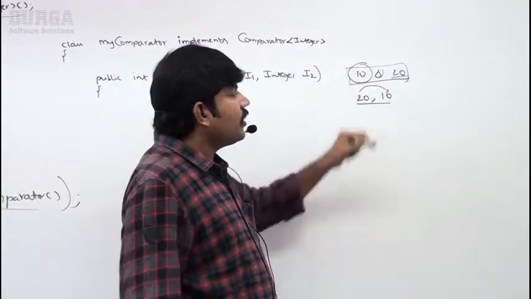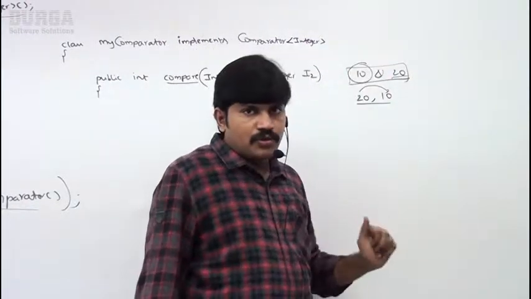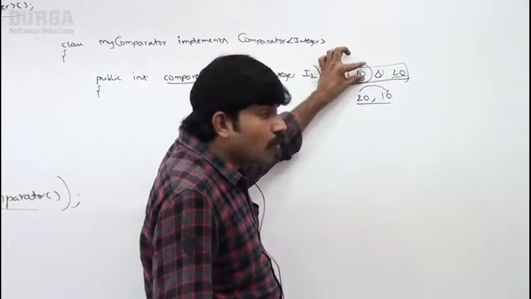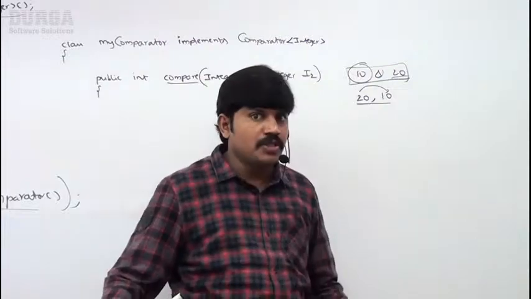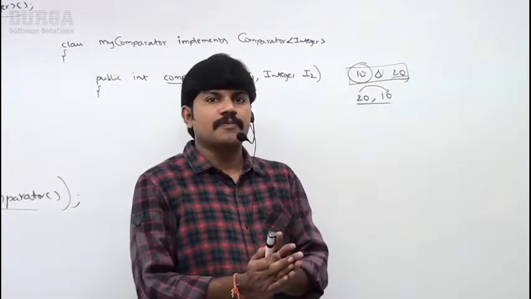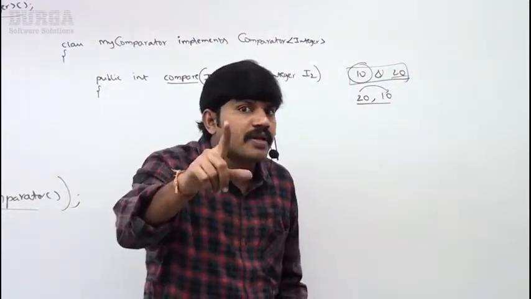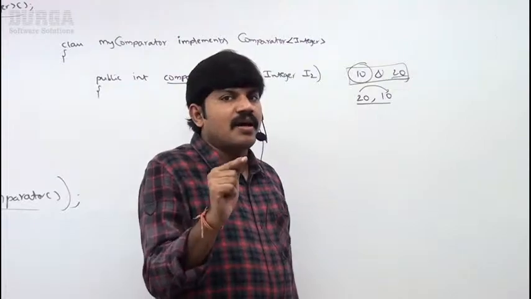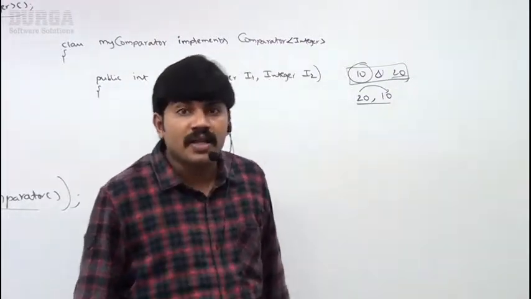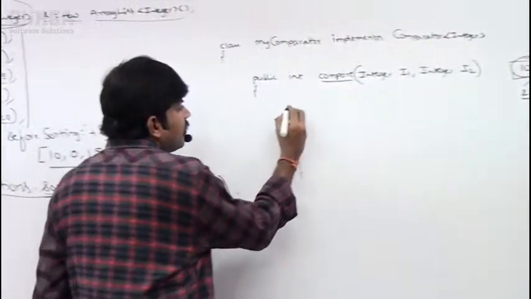Now here, if you want obj1 after obj2, you require to return a positive value. If you want obj1 before obj2, then you have to return -1. If these two are equal, then you require to return 0. Based on your return value, JVM is going to arrange the sorting order. Clear, right? Okay.